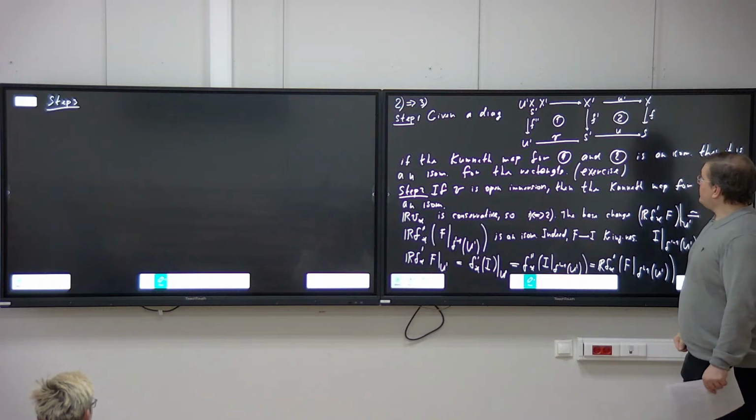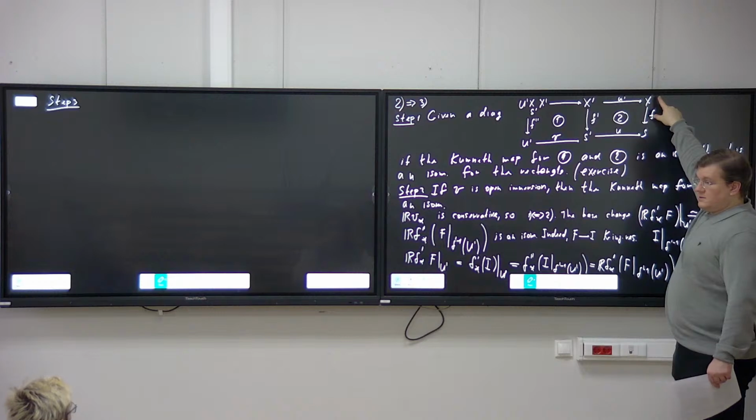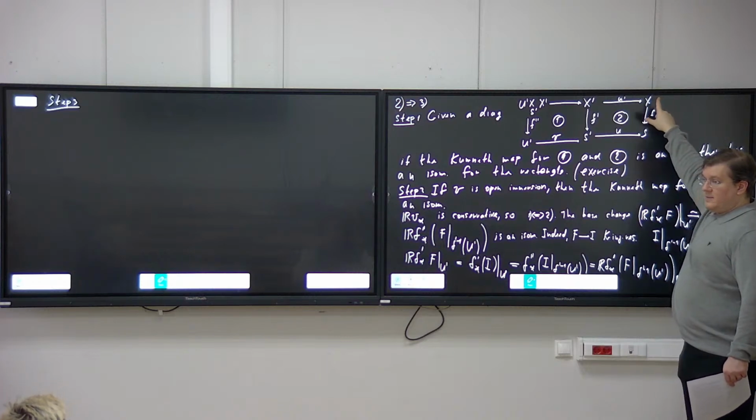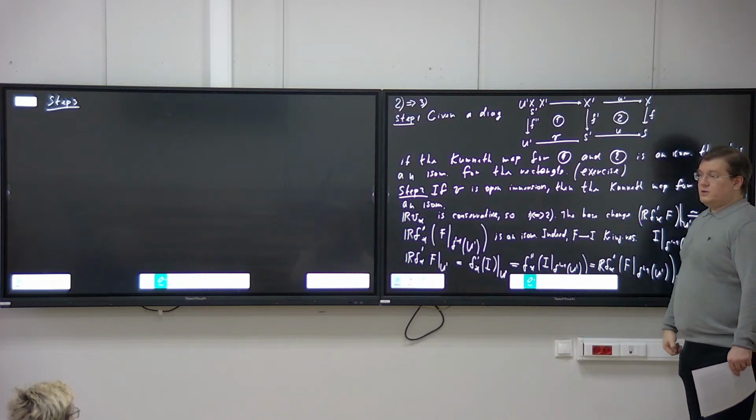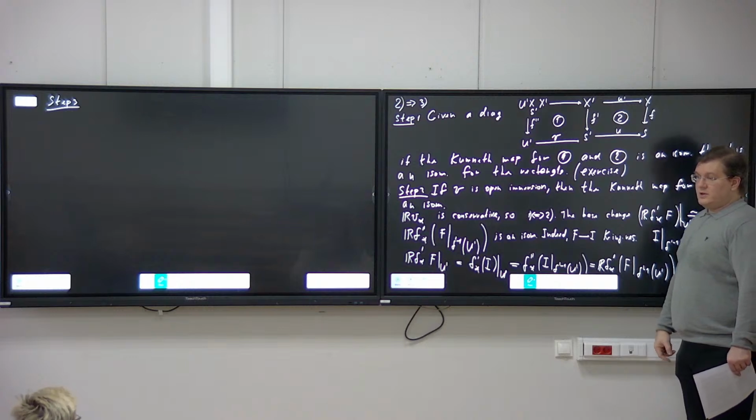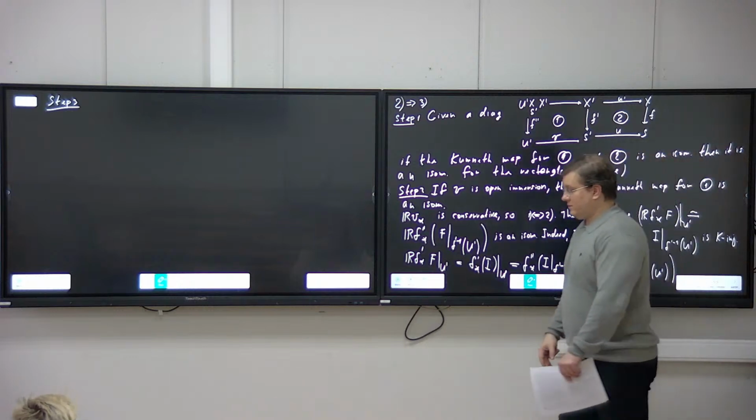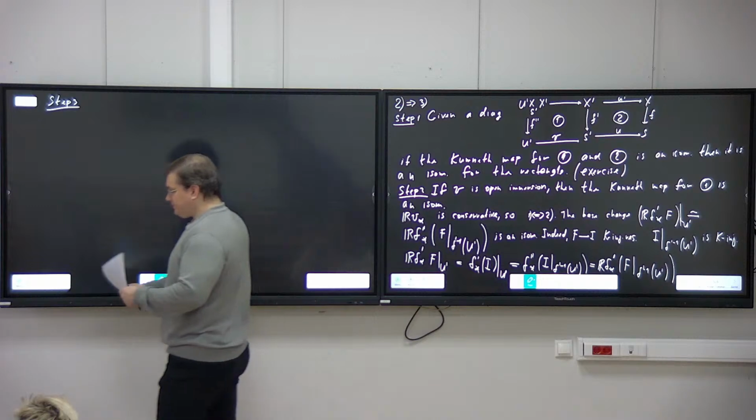But of course, the argument is symmetric. I can as well choose an affine open in the X, right? But being Tor independent is a local property, so it's actually enough to check this for every affine open.